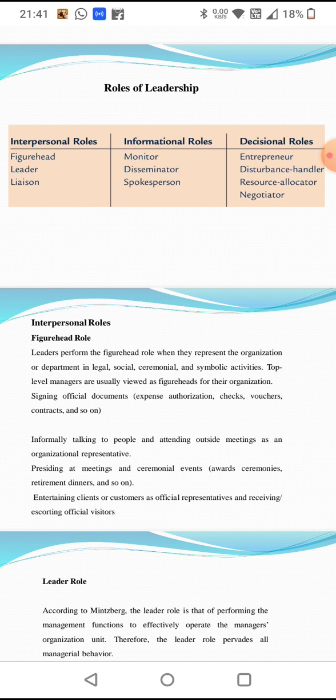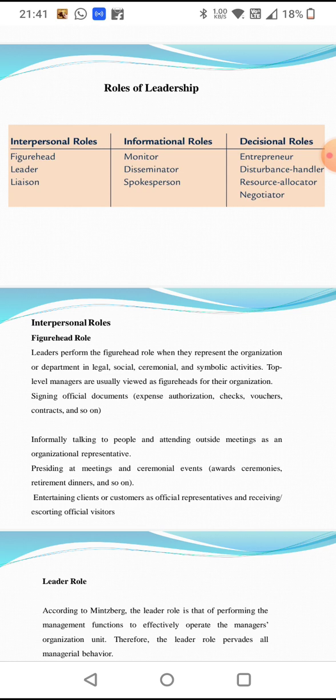These are the roles which are expected from the leaders, and it depends from organization to organization, because a few organizations don't expect the leaders to take the topmost responsibility. They have a few people who act as the contact persons, or who will be responsible to go in front of the media.